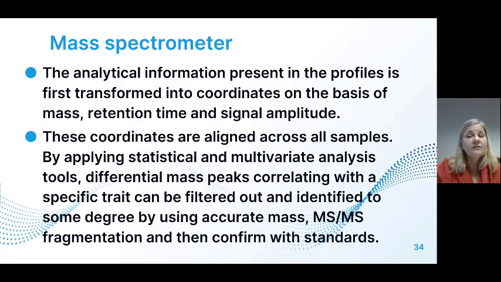After that, you can use an MS fragmentation pattern to confirm your standards. But for that multivariate analysis, what we need is the mass to charge ratio and the retention time, and obviously the quantity, because according to that you will then be able to identify and quantify the compound.